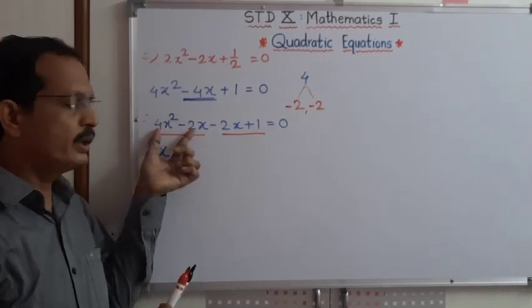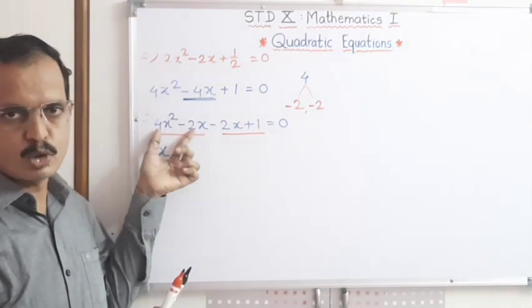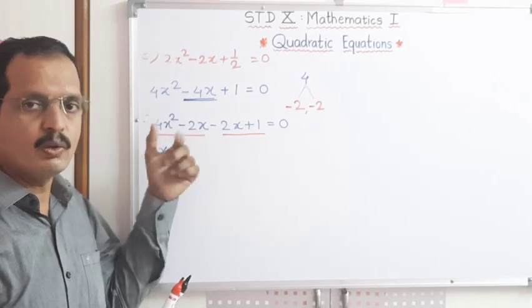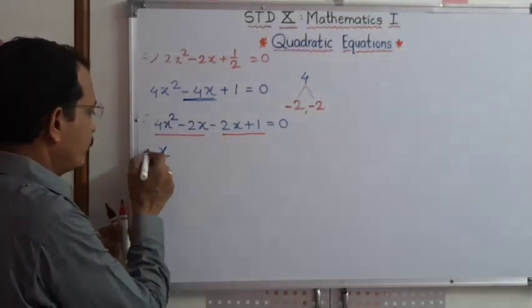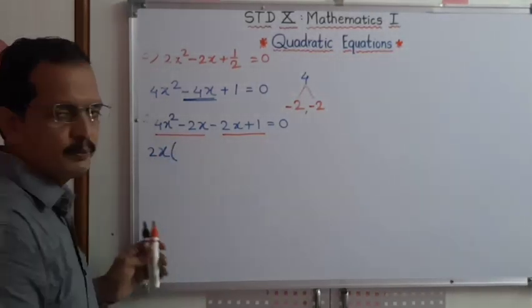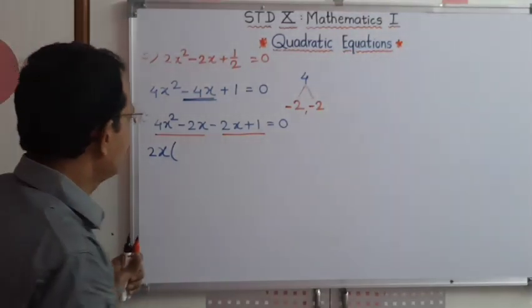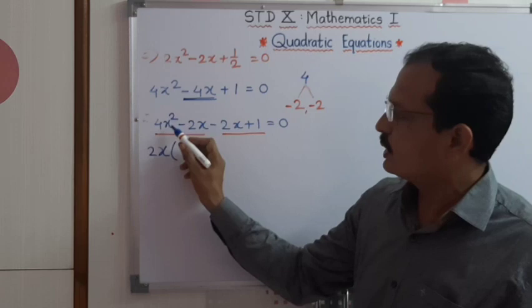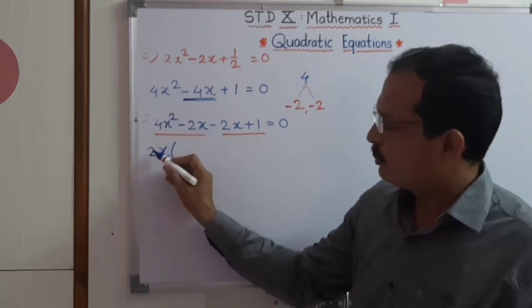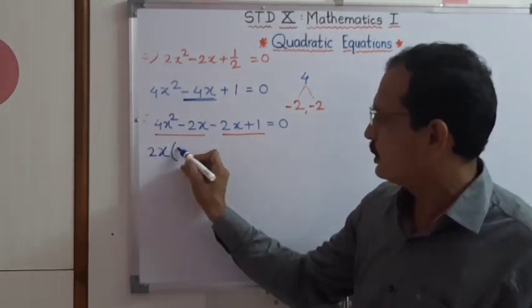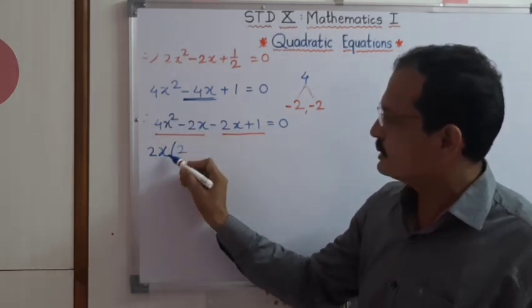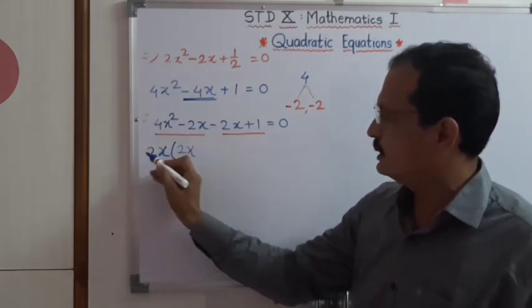Here it is 4, here it is 2. 2 is the smaller one, and in the table of 2 there is a 4, therefore we can take out 2x as common. Now what is the remaining? From 4x square we take out 2, therefore 2 twos are 4, so we write here 2. And from x square, taking out 1x leaves another 1x here.